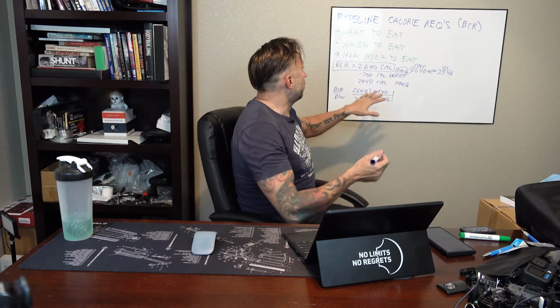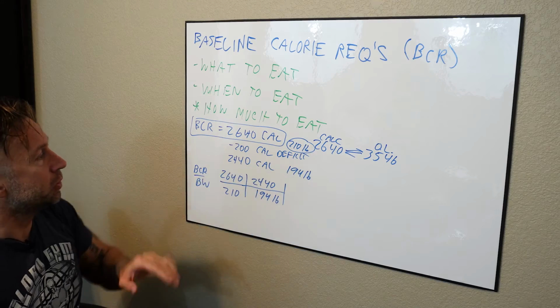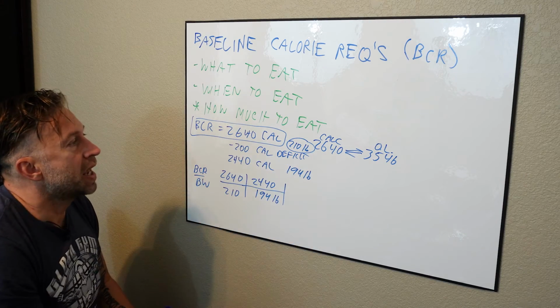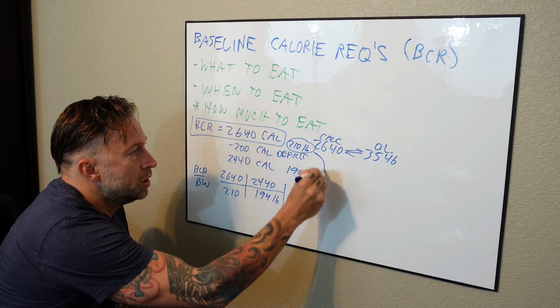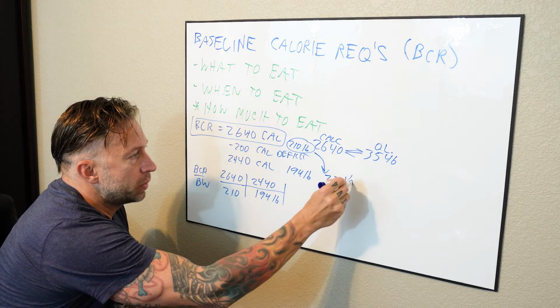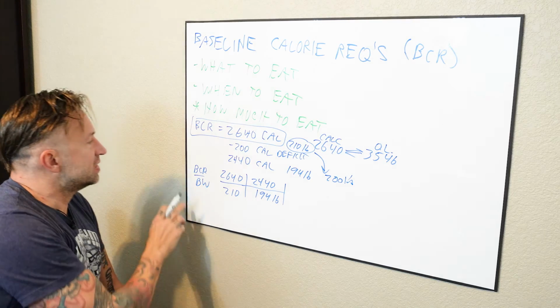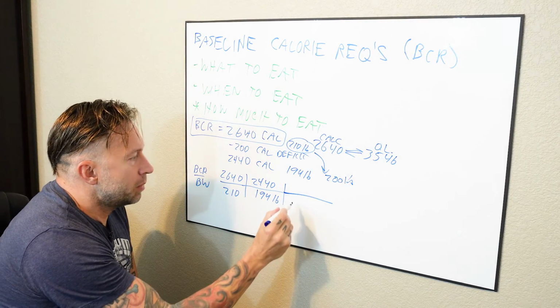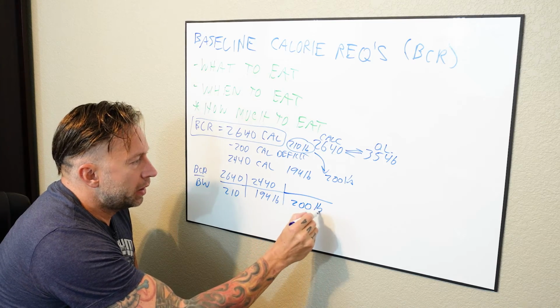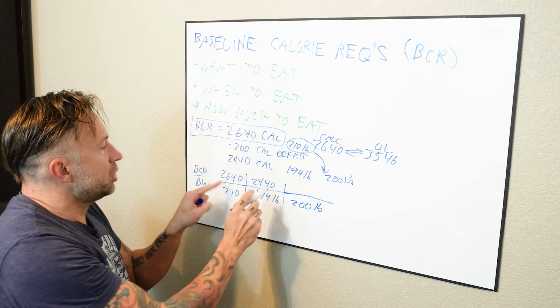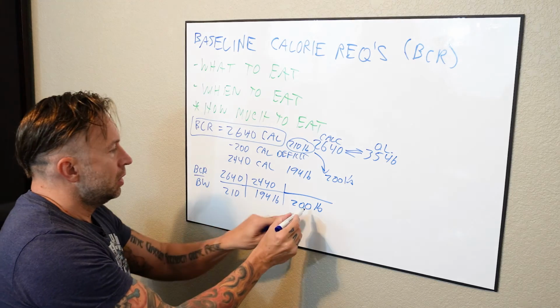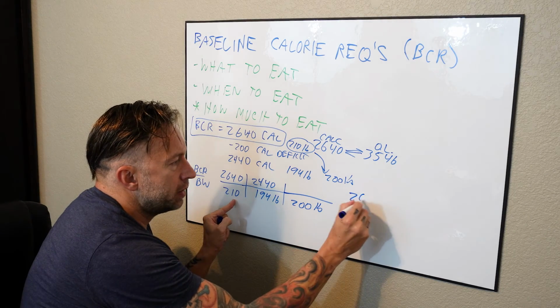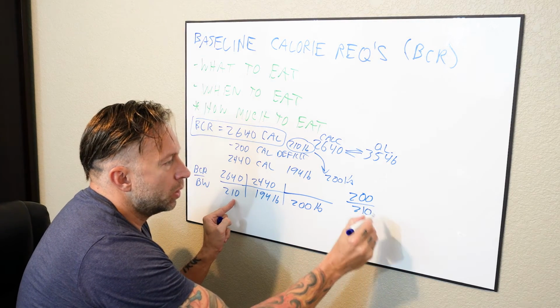So let's take an example where, let's say I was weighing 210 pounds, these are my numbers, and I go down to 200 pounds. Great, I lost weight. So now I use the same BCR to body weight ratio, and I make another one and I put 200 pounds out there, and the same ratio applies, right? So I take 200 over 210. What is that ratio?